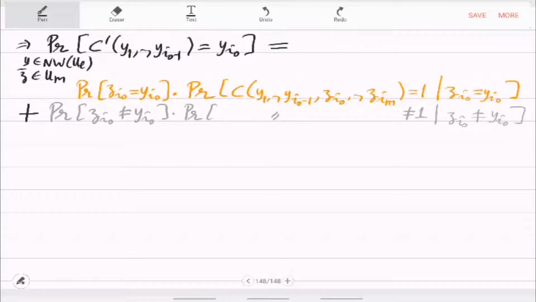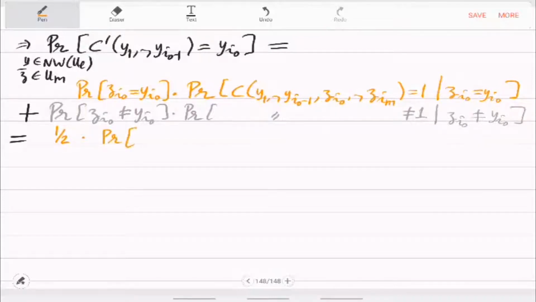So this is equal to, Zi0 is randomly chosen, so this probability is half, times the second probability, which is just the probability of Di0 minus 1.